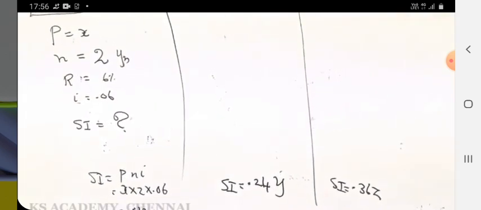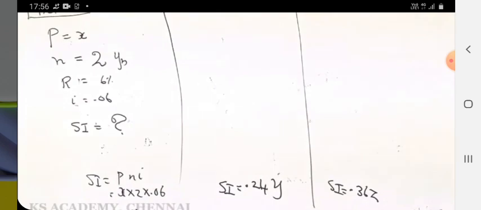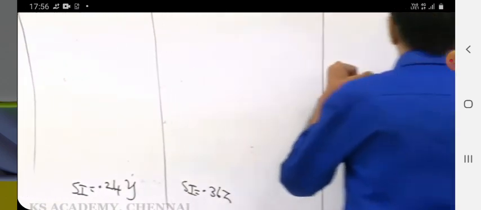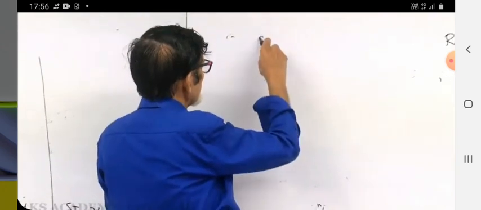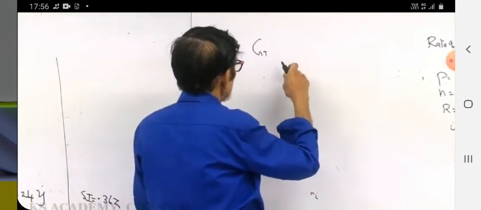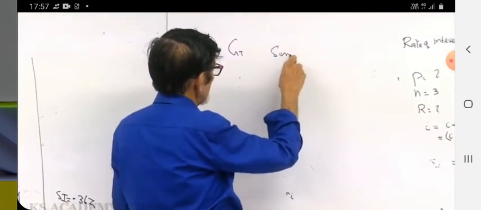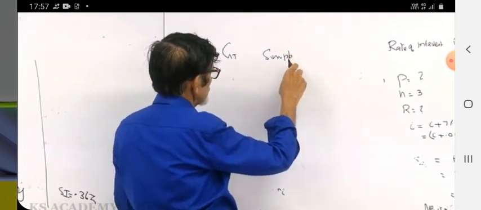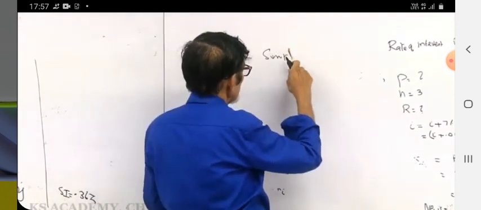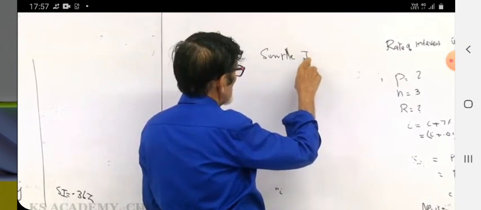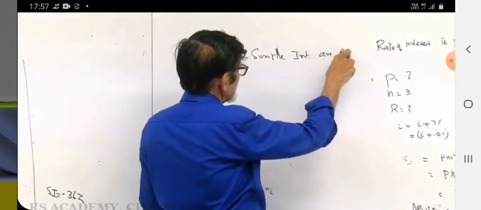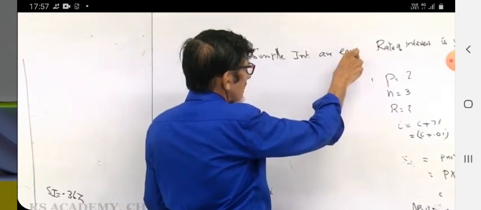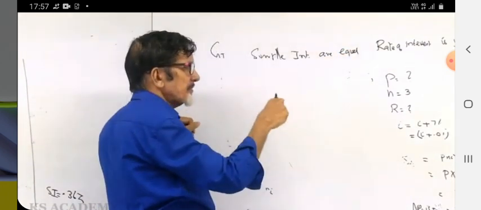Interests are equal. Given that simple interests are equal, all the three parts get the same simple interest.